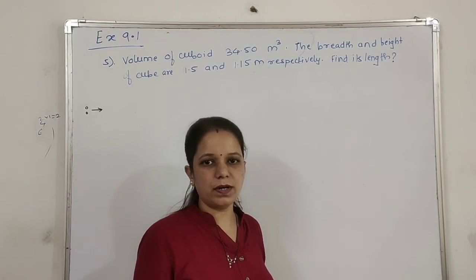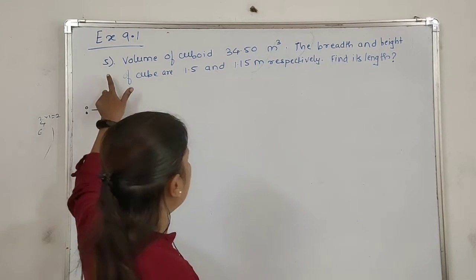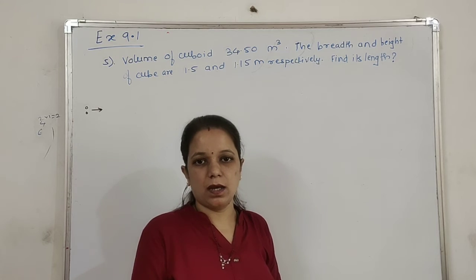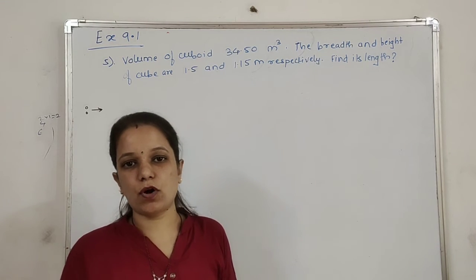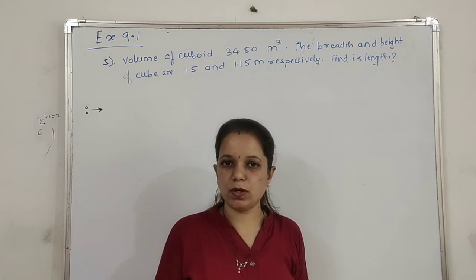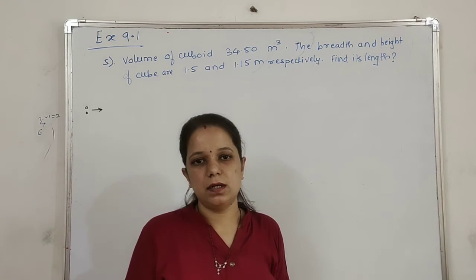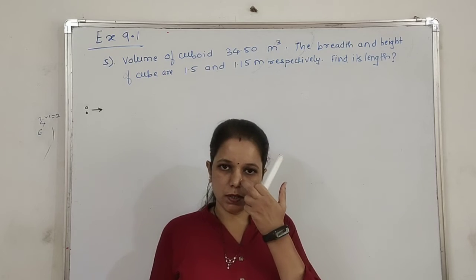Now we will start with question number 5 of practice exercise 9.1. Here we will require the formula for volume. Okay, volume is the capacity of that three-dimensional figure, whether it is cube or cuboid.